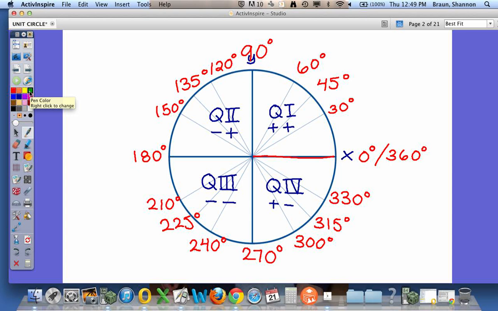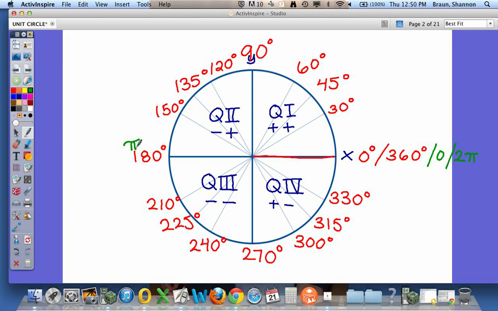We're still starting at 0, so a 0-degree angle is 0 radians. What did we say one complete rotation was in radians? 2 pi, right? So 0 and 2 pi are the same. If one complete rotation all the way around is 2 pi, what would half of a rotation over here at 180 be? 1 pi, or we could just say pi.